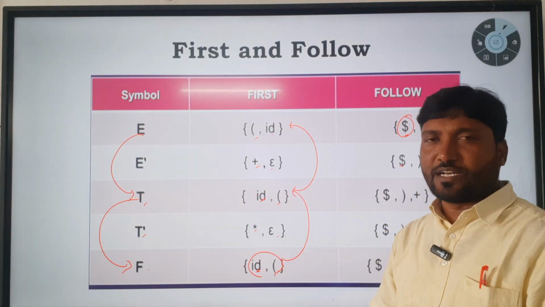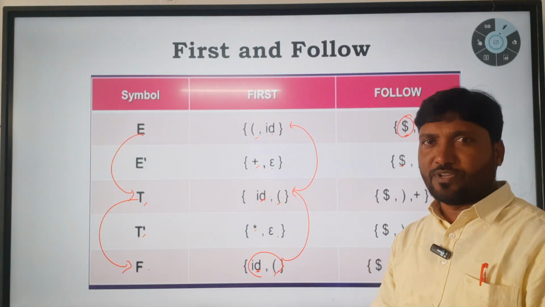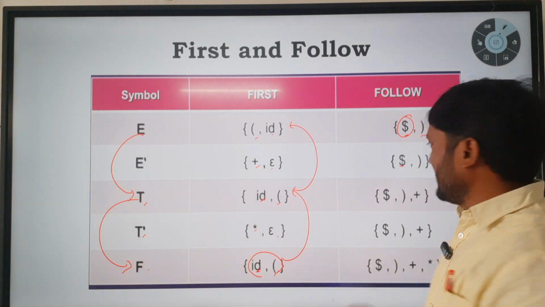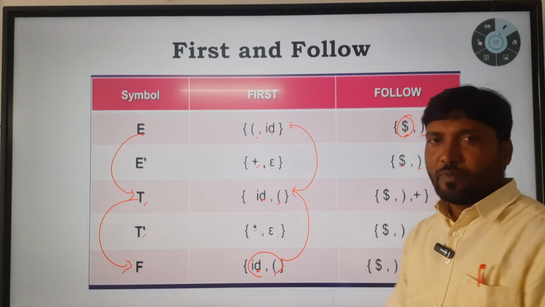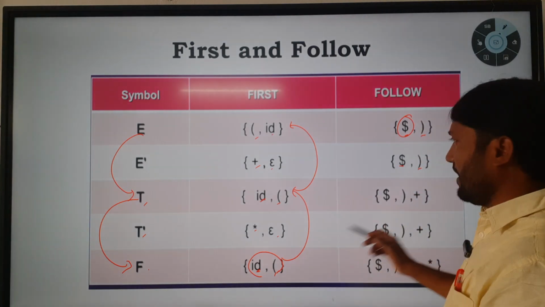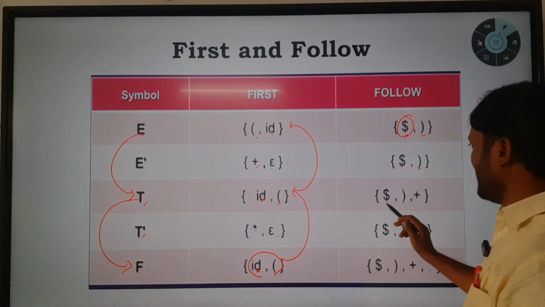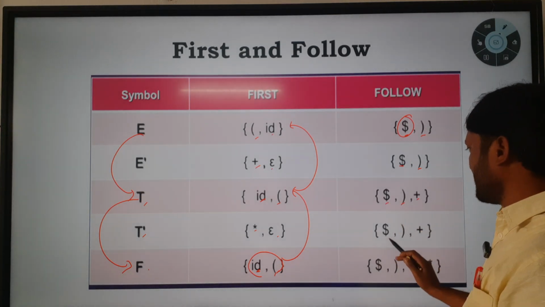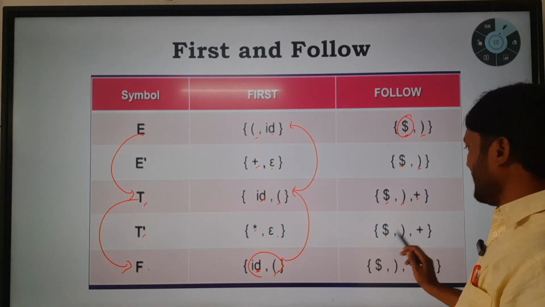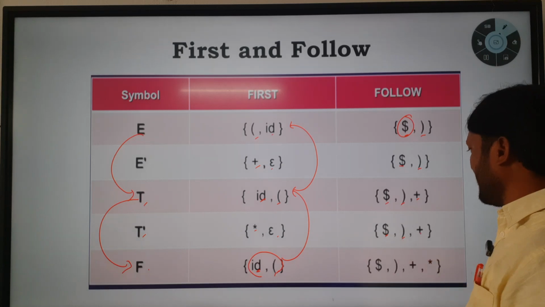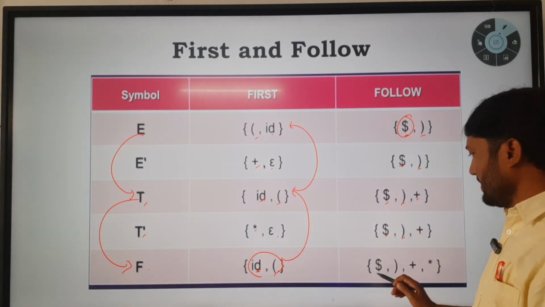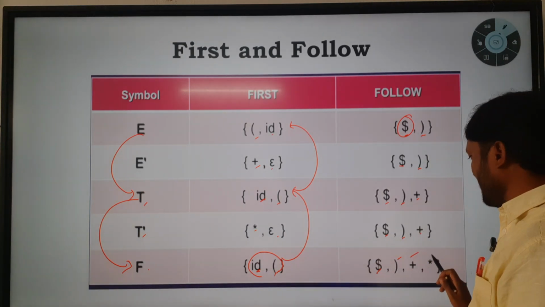So, where is E dash on the right hand side? Initially we have to search where the particular E dash is, and then calculate its follow function. Follow of T equals dollar, close bracket and plus, follow of T dash equals dollar, close bracket and plus, and follow of F equals dollar, close bracket, plus and star.